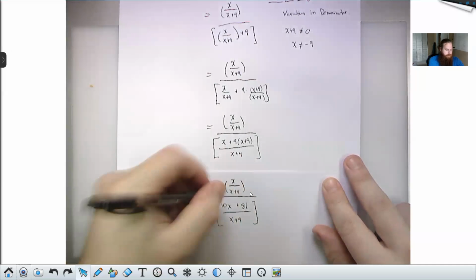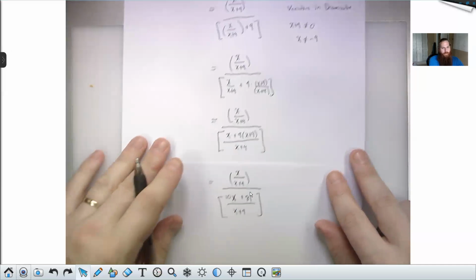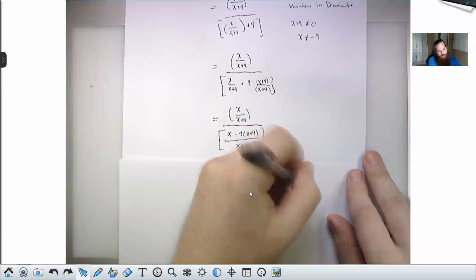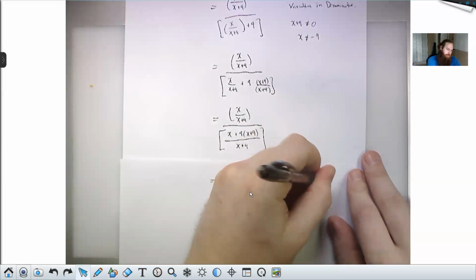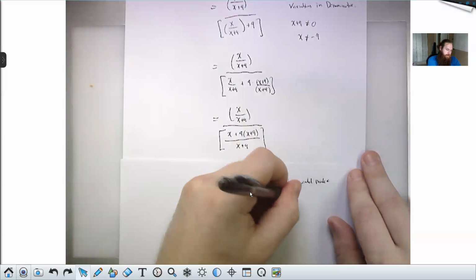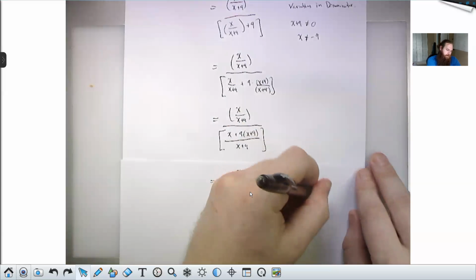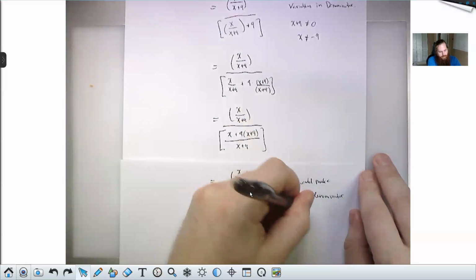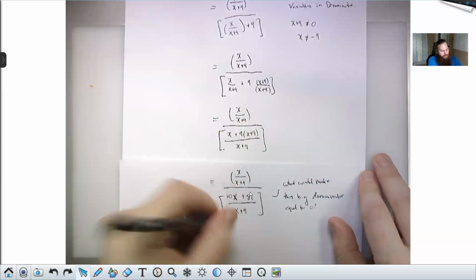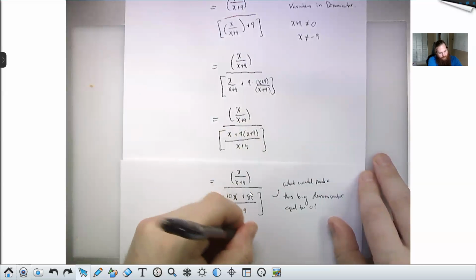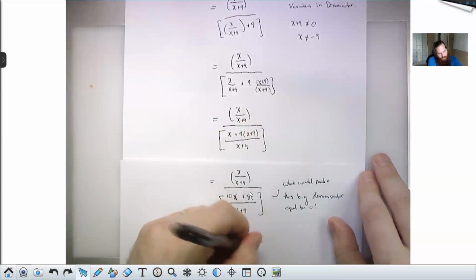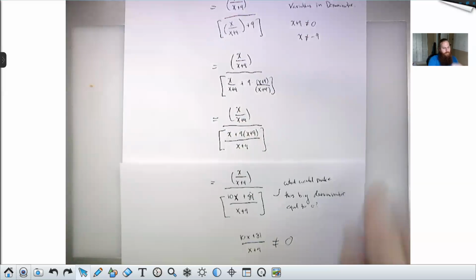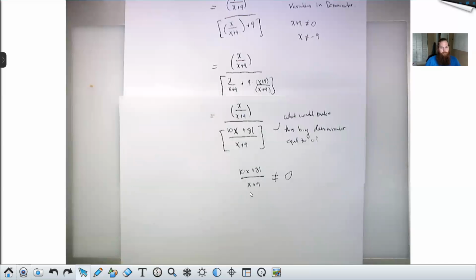All right, so this is as far as I would want to simplify, but then I have to ask what would make the big denominator 0? Well, that would be if this whole thing, 10x plus 81 over x plus 9, is equal to 0, then we're in trouble. So we need that whole thing to not be 0.